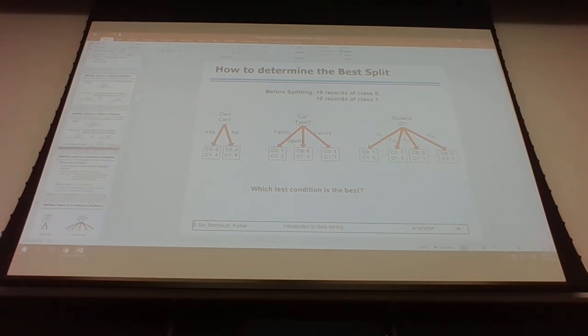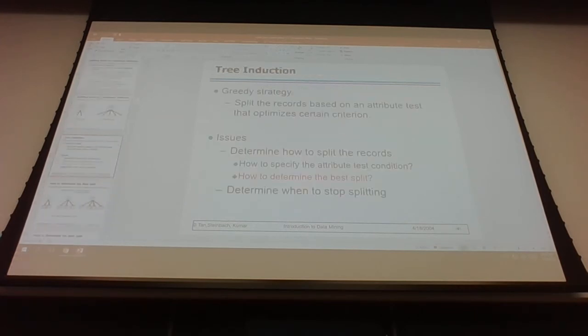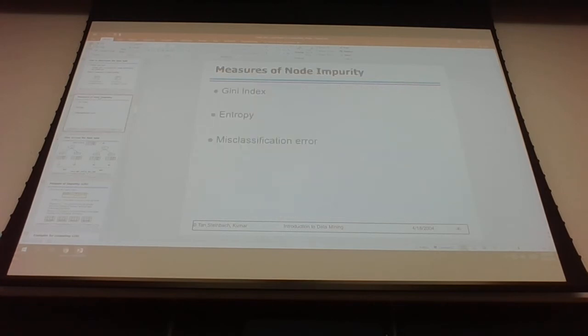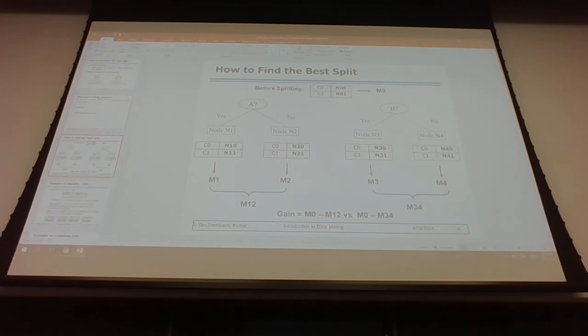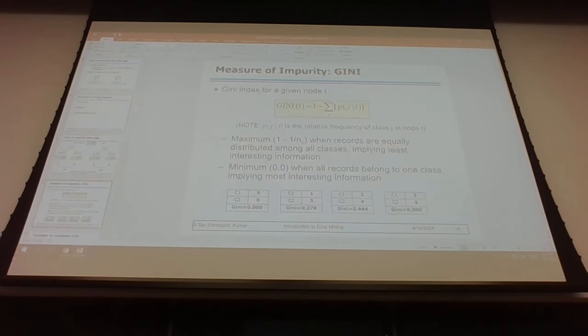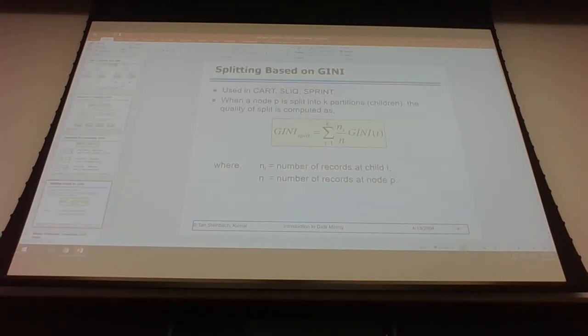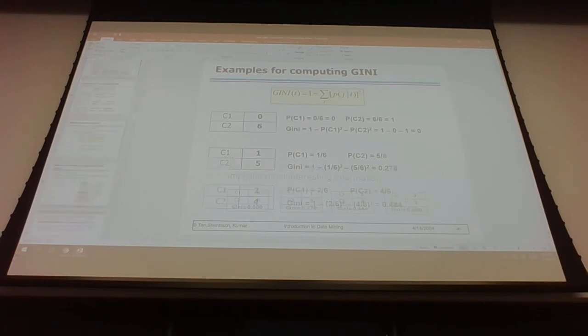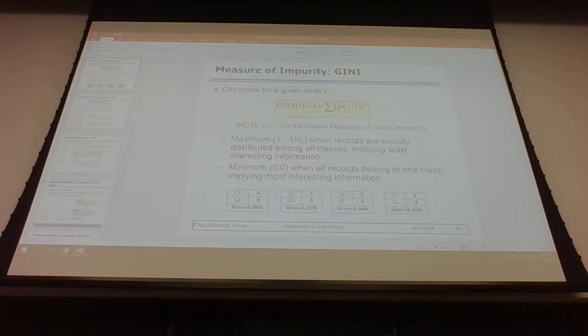So we have to define some purity metric. We said, what is the purity of a split? We defined several: Gini index, entropy, and misclassification error. These have certain values. Gini index has this expression, so you have to just remember it. Gini index or any of these purity measures can be used for a node or for a split.